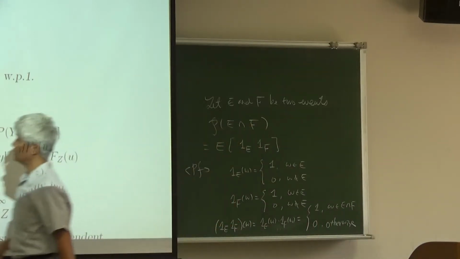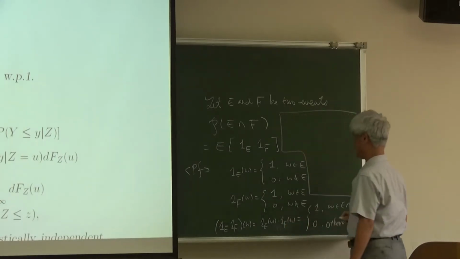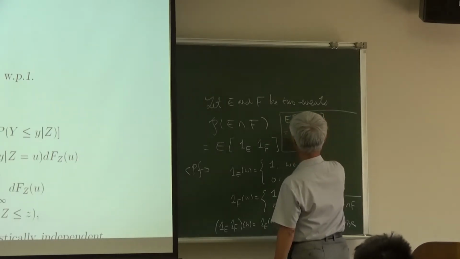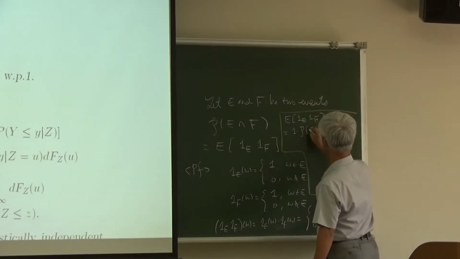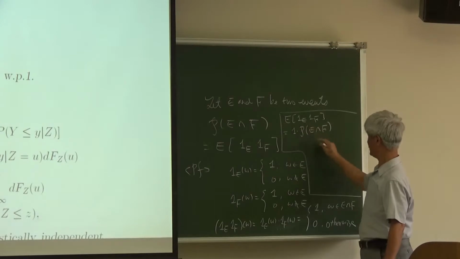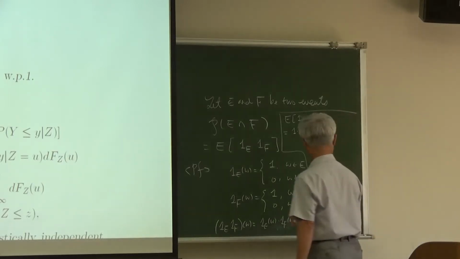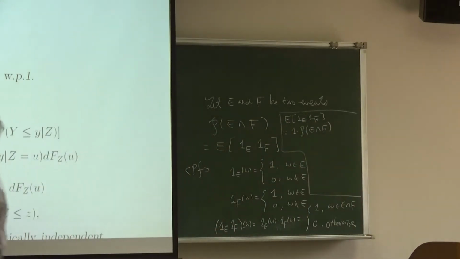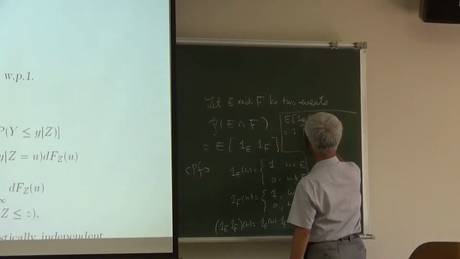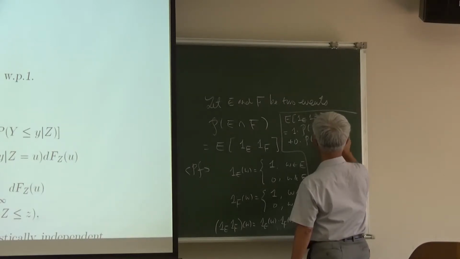Now the expectation of IE times IF becomes 1 times the probability of E intersected with F, because this random variable takes two values, 1 or 0. This is by definition.